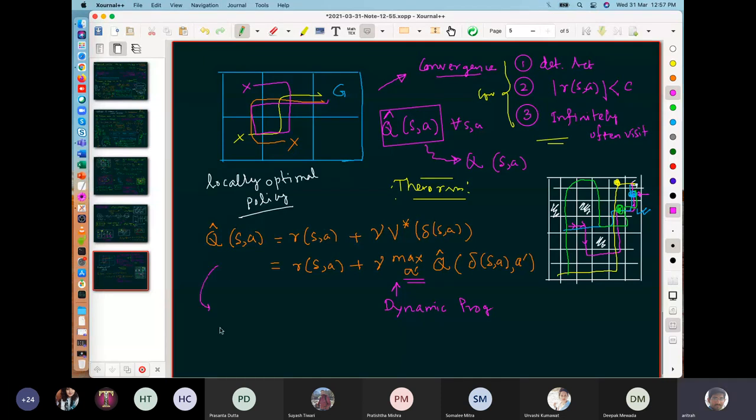Did you get it? So this gives me the fact that my Q(S,A) in the formulation was R(S,A) plus gamma times max over A dash of Q(S dash, A dash), where delta(S,A) will give me S dash to reach the transition.